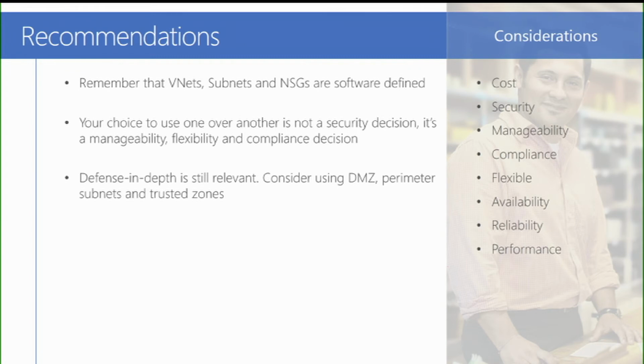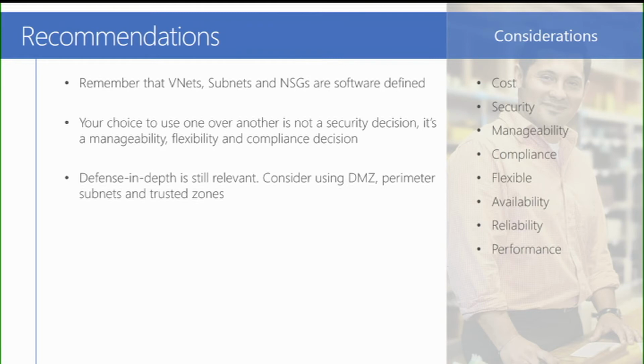So to quickly summarize, all of the constructs are going to be software defined, as some of the topologies might be a little bit different compared to on-premises. Whenever you're looking at those different areas, separating between network security groups and subnets and everything, it's not really about using one over another for a security decision. It's about which one is going to be the easiest for them to manage and overall still be effective.